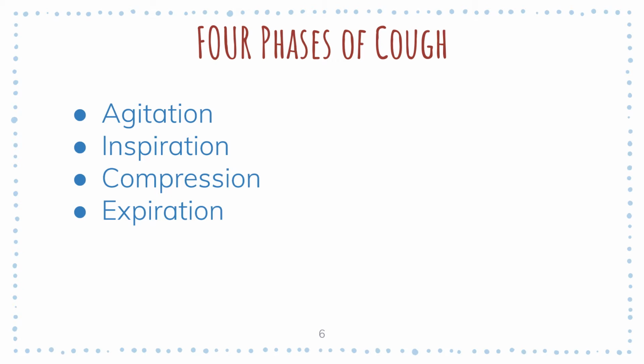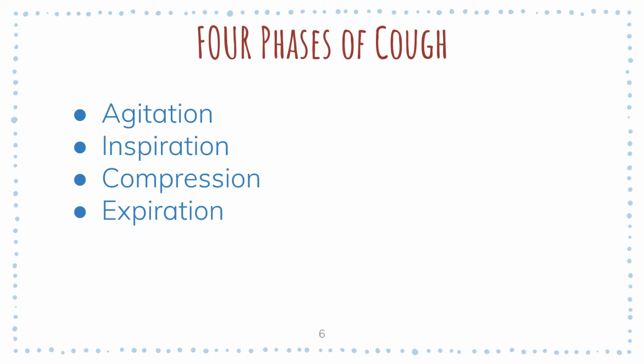So in inspiration, you have an open glottis, the diaphragm contracts, meaning it goes lower when it contracts, which then allows you to increase your lung volume, and it also increases the length and caliber of the bronchi.